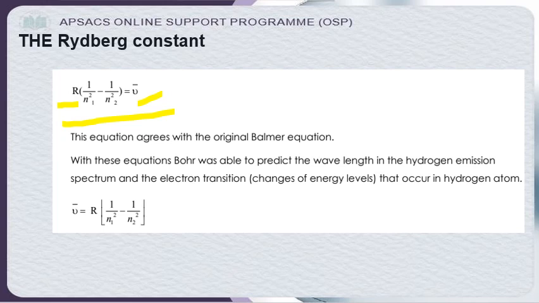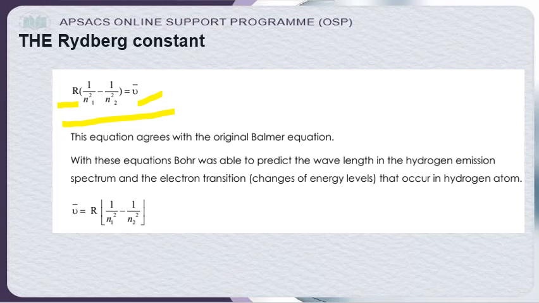n1 की जगह आप जिस लेवल में उसको वापस आना है वो कंसिडर करेंगे, n2 की जगह जिस लेवल से इसमें वापस आना है, from the top, जो एक्साइटेड लेवल्स हैं, उसके लिए n2 यूज होगा every time for each spectral line। So this relation will be used, so the terms will be calculated in the form of the wave numbers। और wave number क्या है, how will you define it?